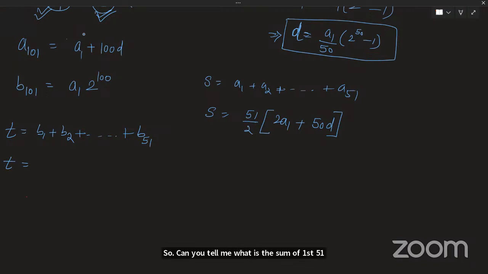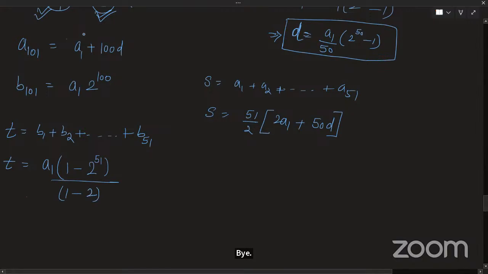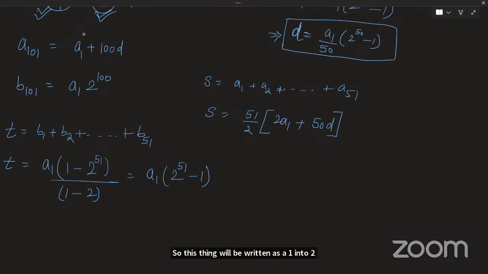A1 into 1 minus 2 raised to 51, by 1 minus 2. So 1 minus 2 is basically minus 1, so I will invert it. This can be written as A1 into 2 raised to 51 minus 1.